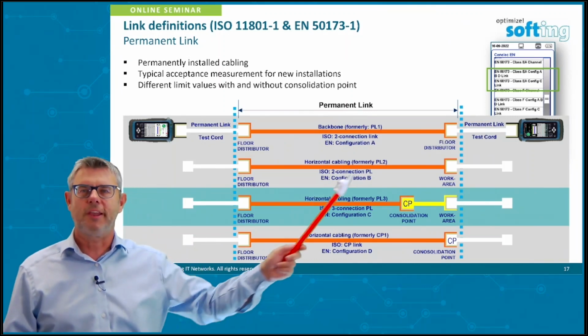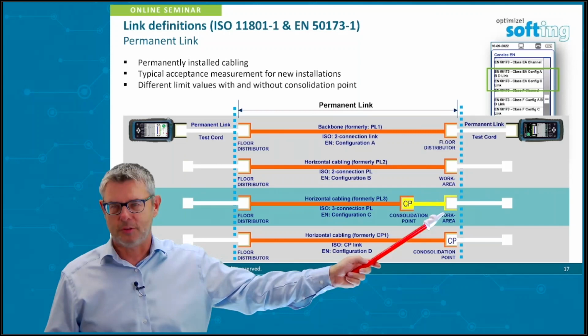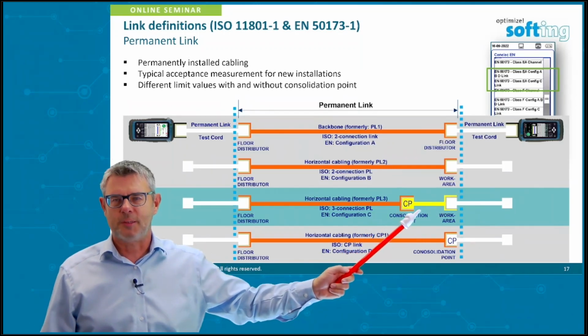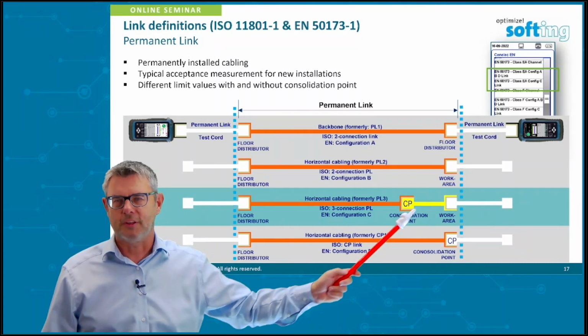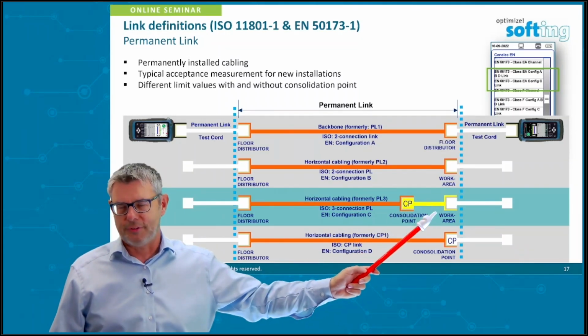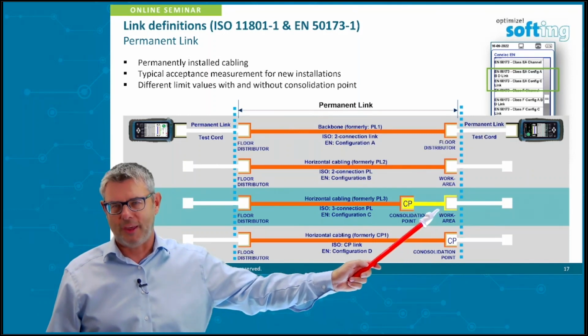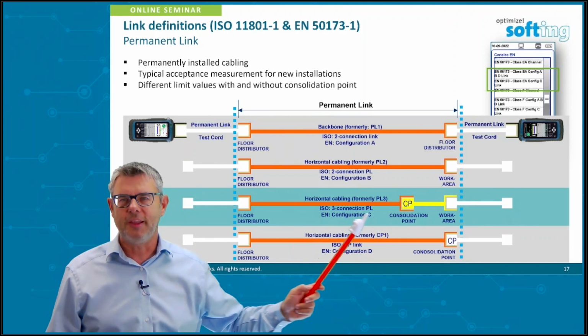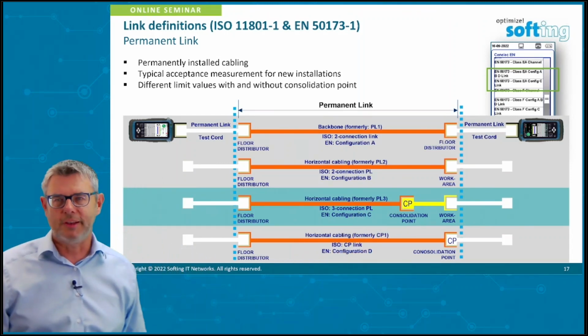And from the consolidation point to the actual outlet where the computer is connected, interestingly, a flexible cable is used. So not the fixed cable we use for installation, but a piece of flexible cable ending in a jack, starting in a plug. This type of cabling is now called a 3-connection link.